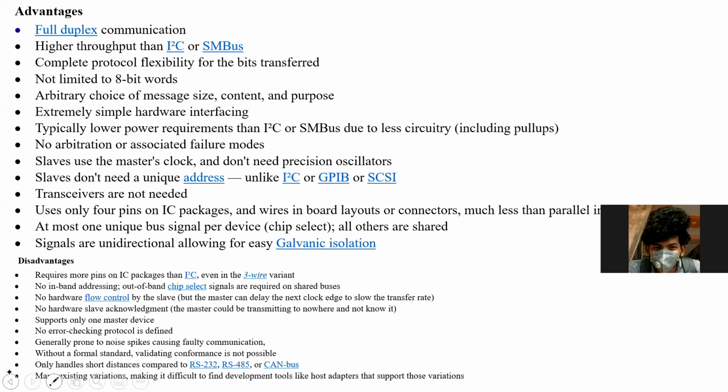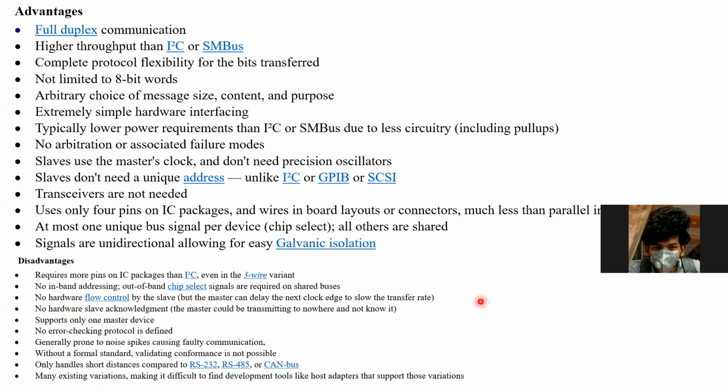The master clock is synchronized with the slave clocks, and we don't need any address. Transceivers are not needed because it has full duplex communication. But when I go with I2C, there are disadvantages, whatever we have seen.